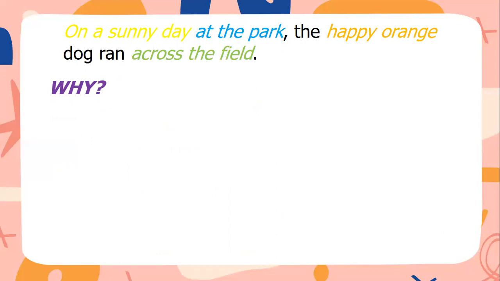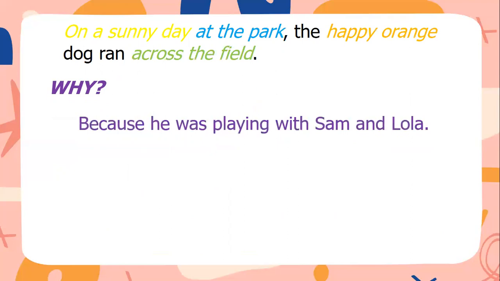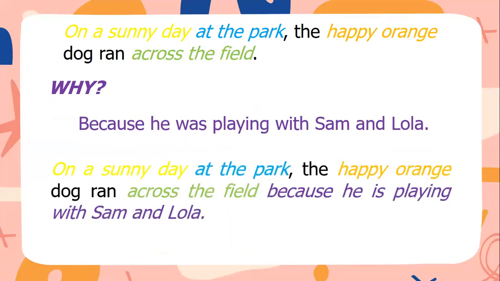Do you see that as my sentence stretches, the picture is getting more detailed? Let's add why in there. Why is the dog running at the park? Because he was playing with Sam and Lola. On a sunny day at the park, the happy orange dog ran across the field because he is playing with Sam and Lola.